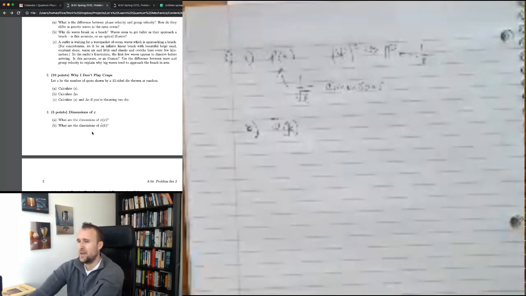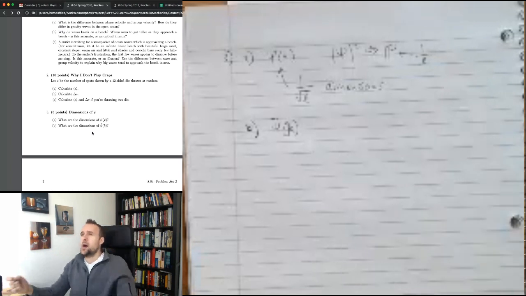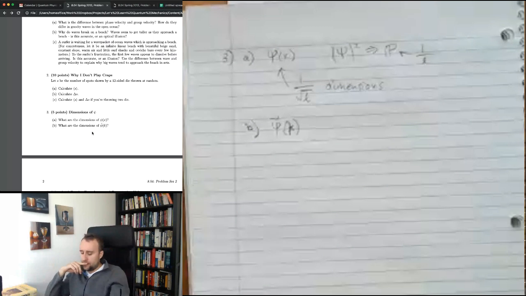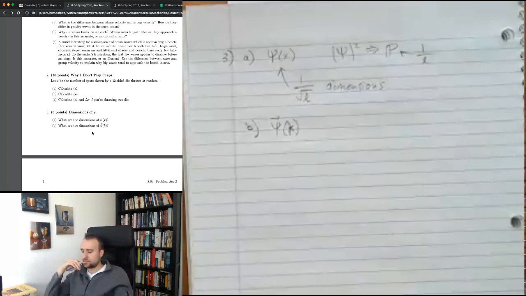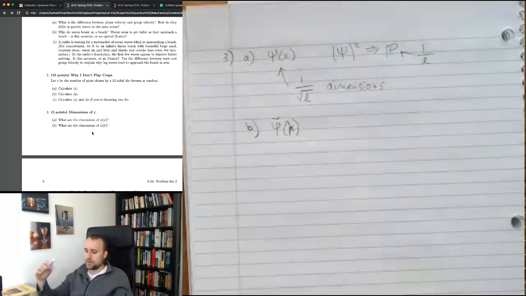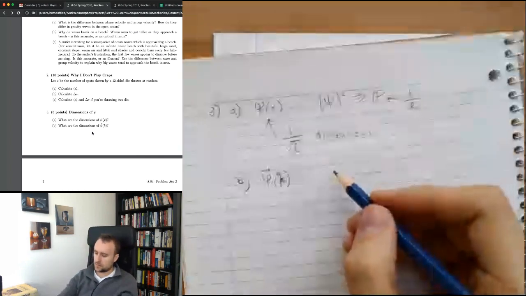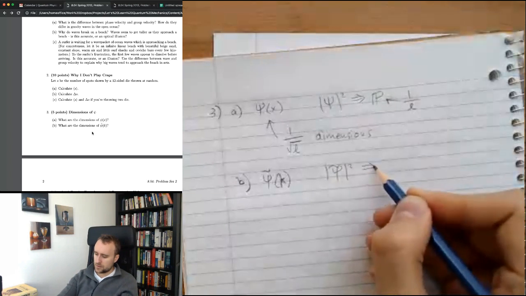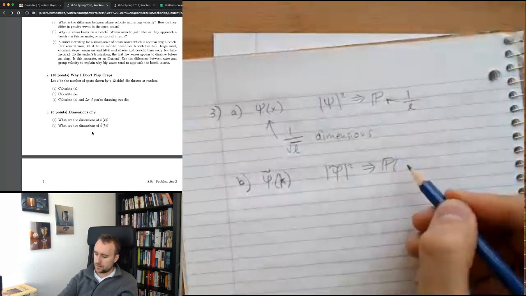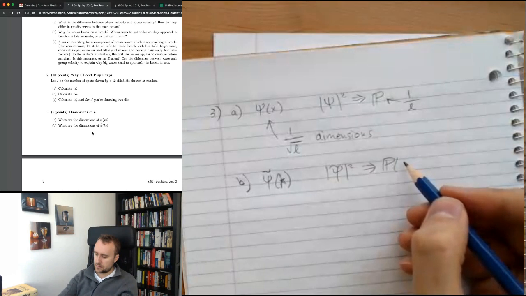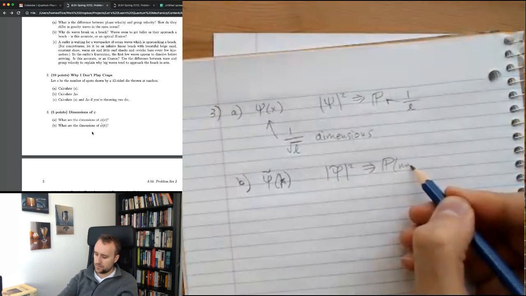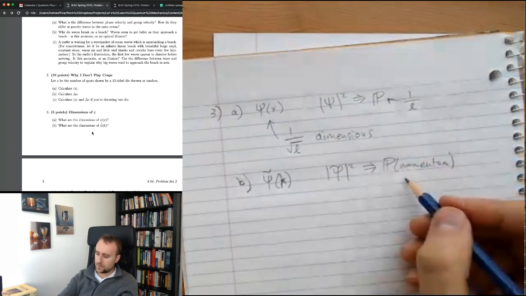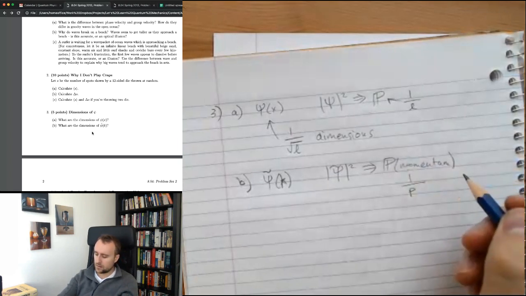Well, if we take the complex conjugate of this, should we not get the probability of finding a particular momentum? So this would be 1 over p.